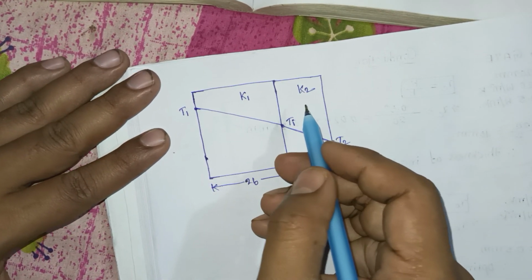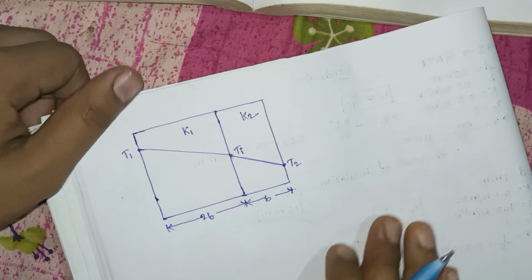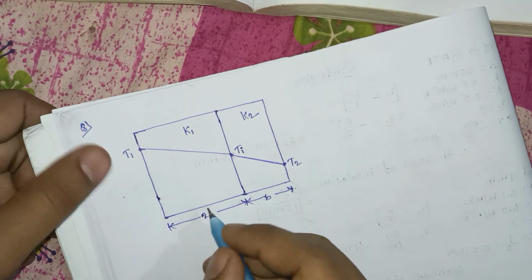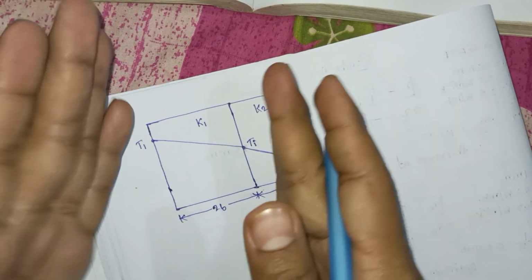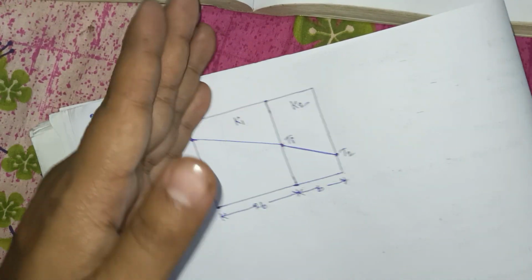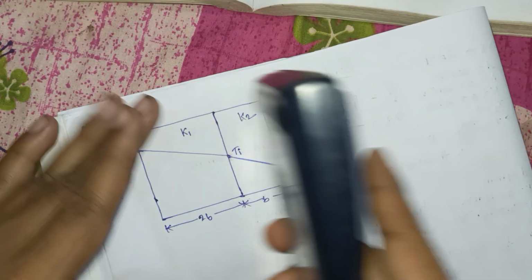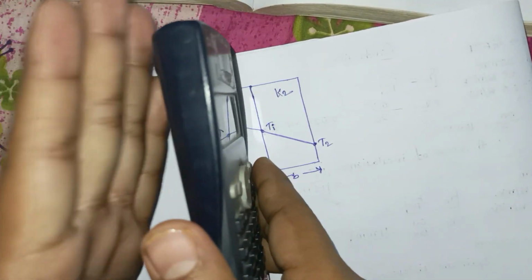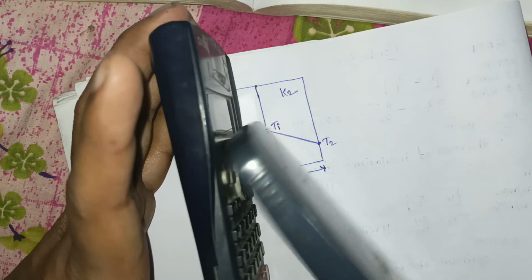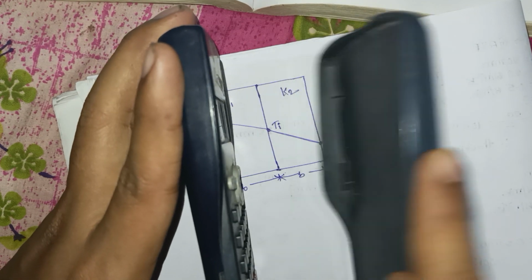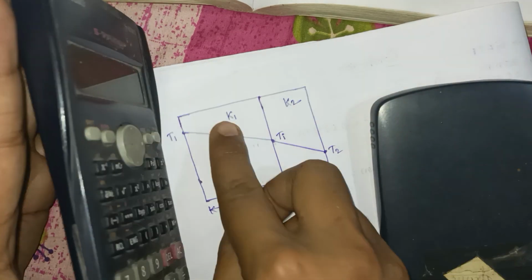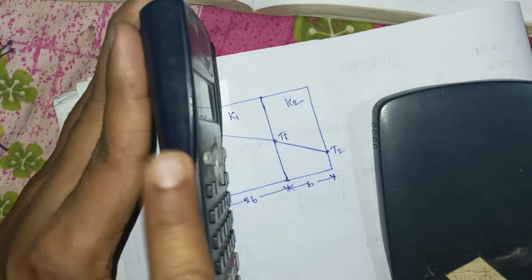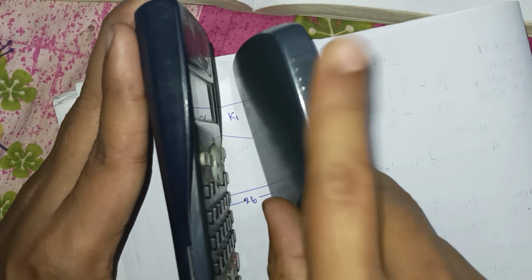Heat is transferred through this plate. Both plates are given. Suppose this is one plate and this is another plate. This plate has thermal conductivity K1 and this plate has thermal conductivity K2.